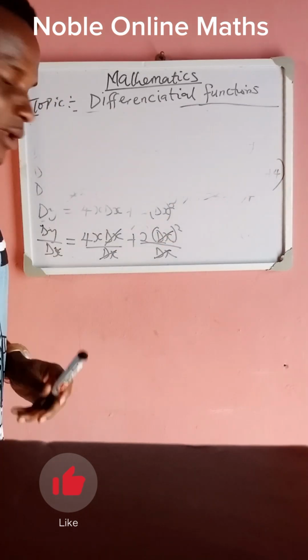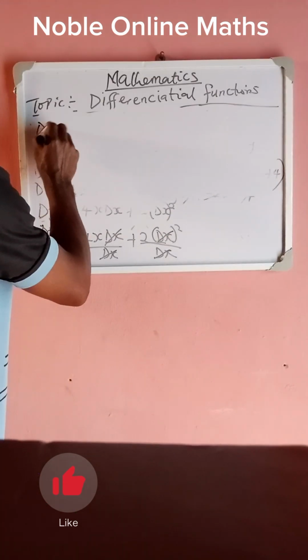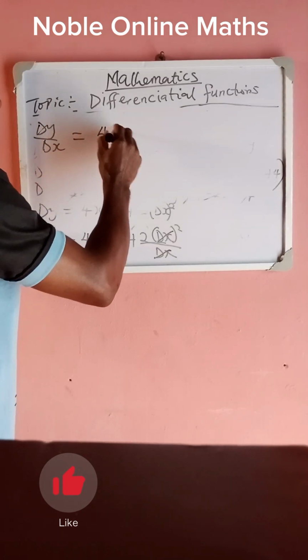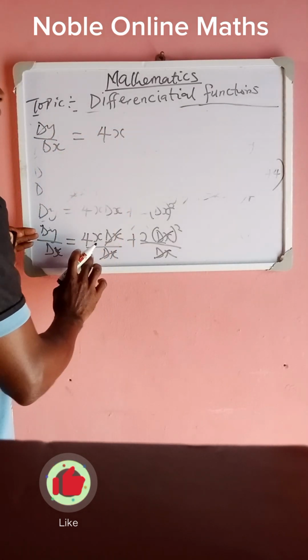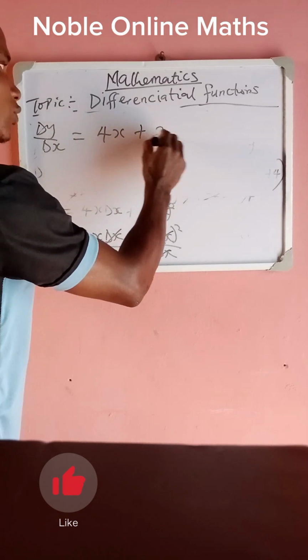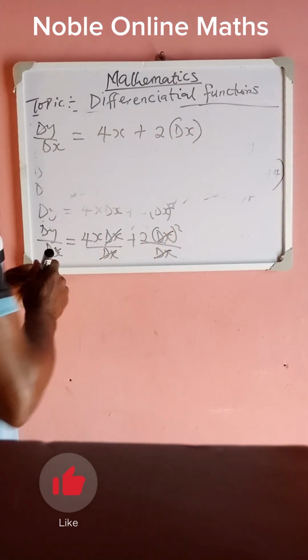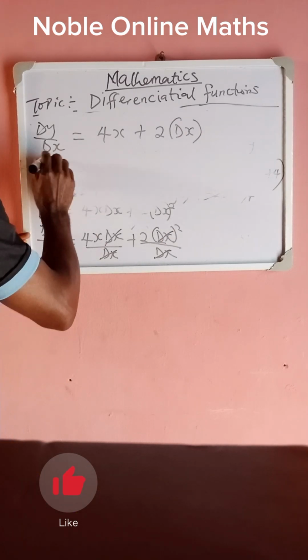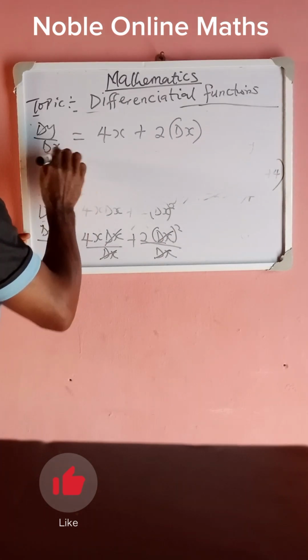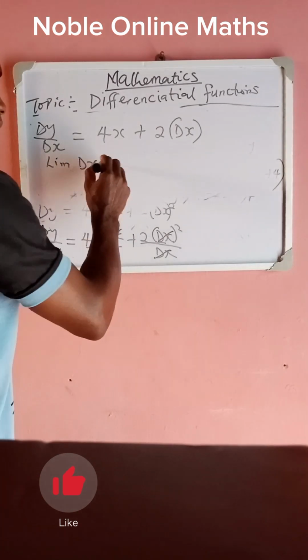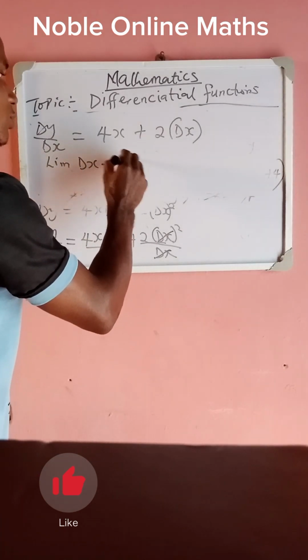Canceling one of it now, we arrive at an answer. We have dy/dx is equal to 4x plus 2 into change in x. Then our last step is to take the limit as change in x tends to 0.